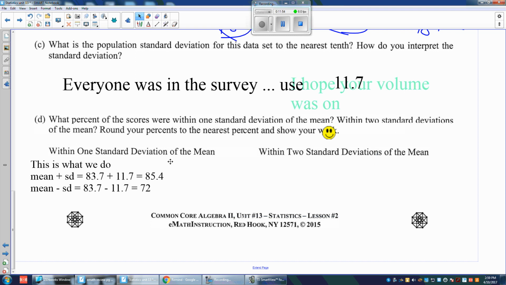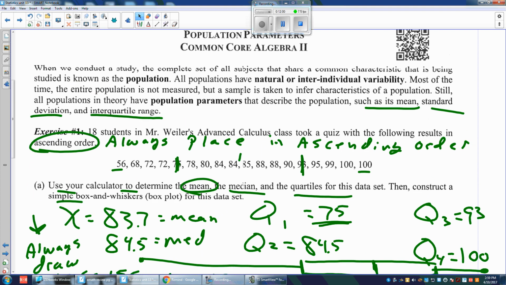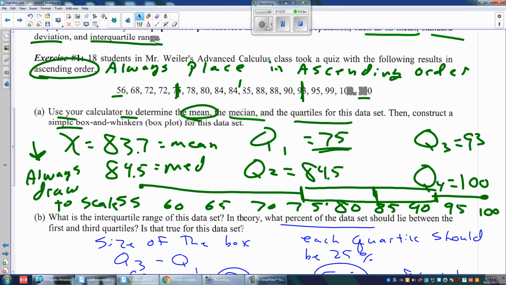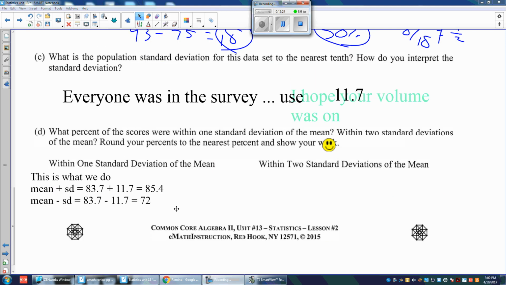So now, how many are within one standard deviation? All the scores from 72 to 85.4. How many? 1, 2, 3, 4, 5, 6, 7, 8. 8 scores.